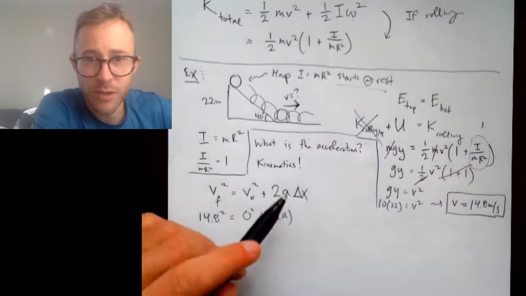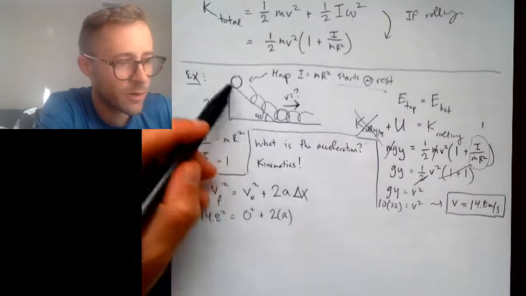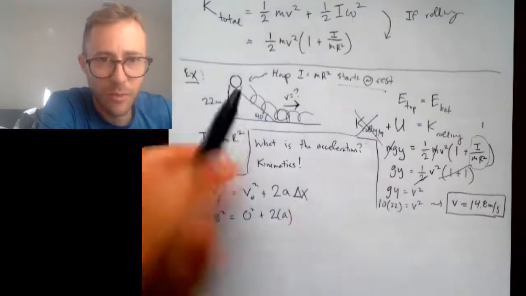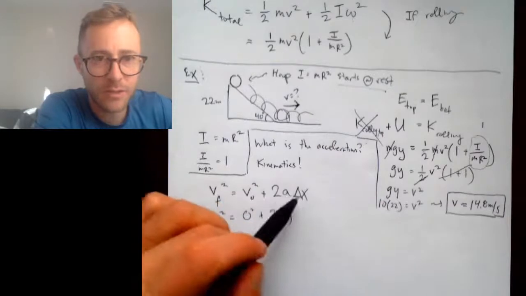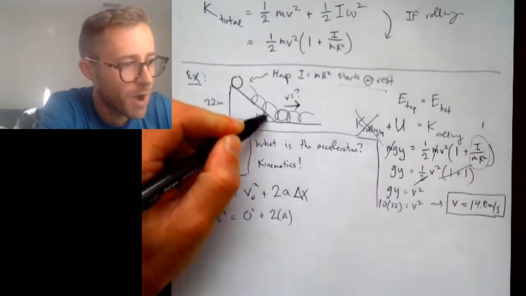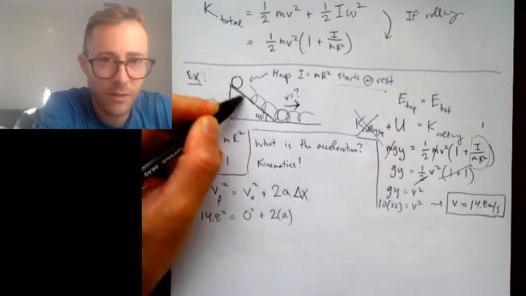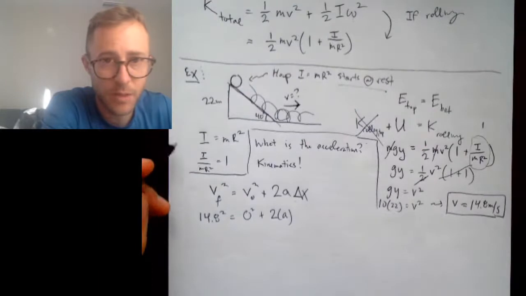And now we have to be really careful because delta x is how far the hoop rolled. So you might be tempted to put in 22. But the delta x is not actually 22 because it's moving along the hypotenuse of the triangle. That's how far it rolled when it was rolling down the hill. Okay?